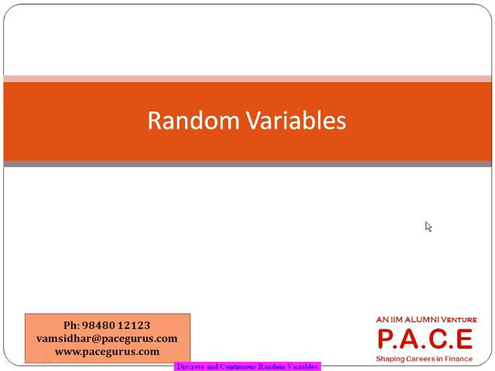Let's say I have a set of policies. What is the probability that a given policy that I have taken will have a claim of more than 1 lakh? What is the probability that a policy will have a claim between, let's say, 50,000 to 1 lakh?